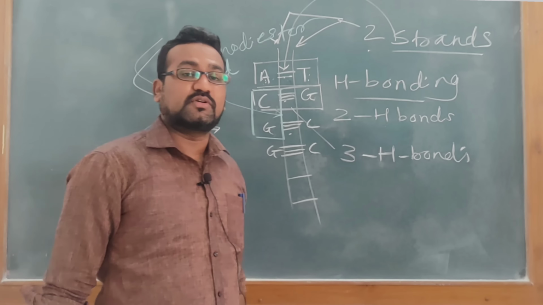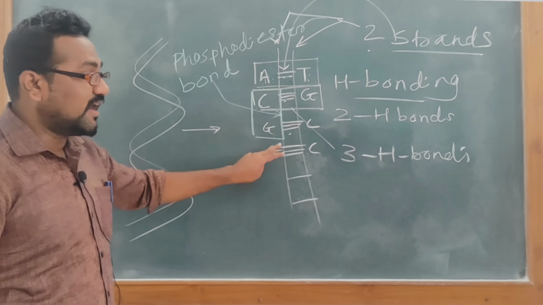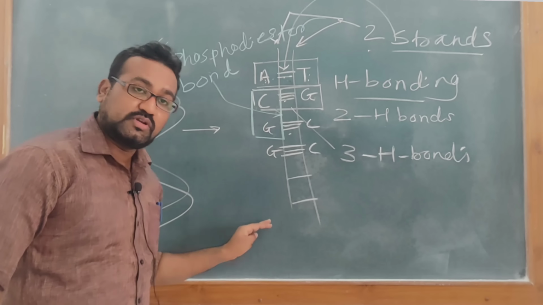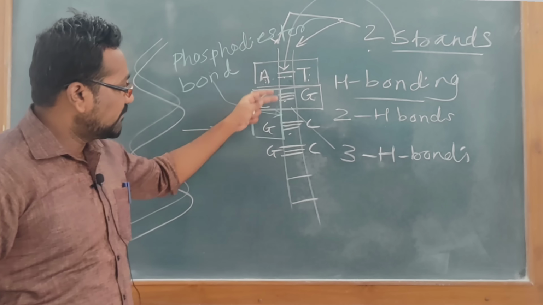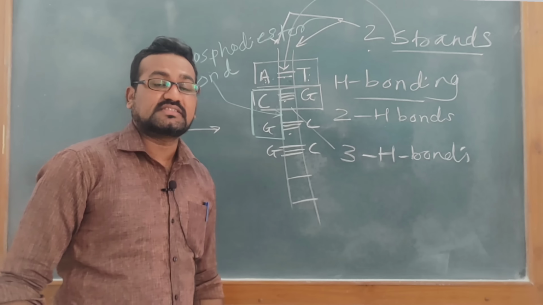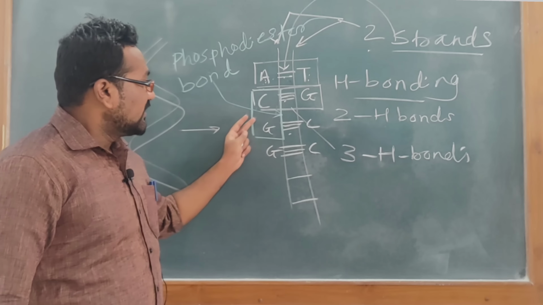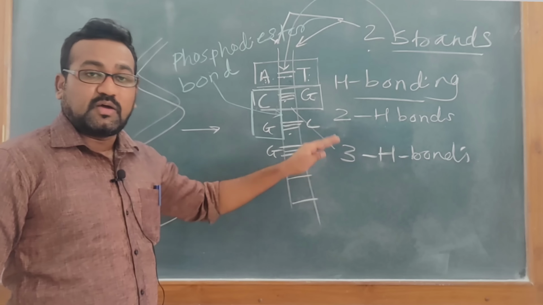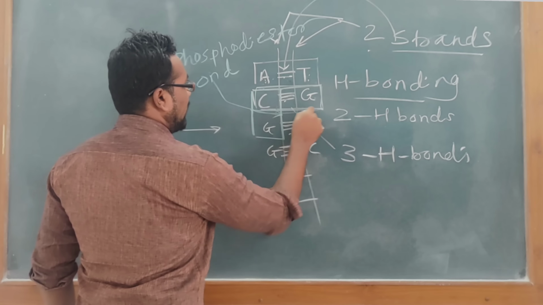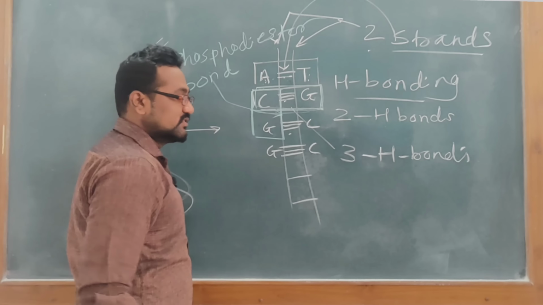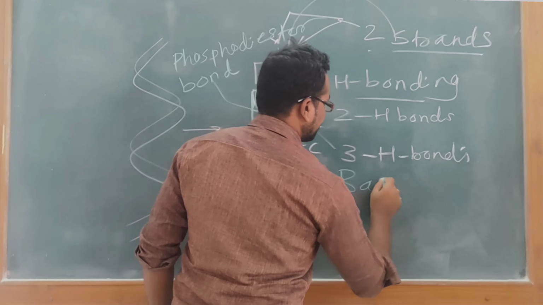So we have a ladder-like structure in which thousands, millions or billions of nucleotides can be present in a strand of DNA. They face the opposite nucleotide on the other strand. This type of hydrogen bonding is known as a base pair.